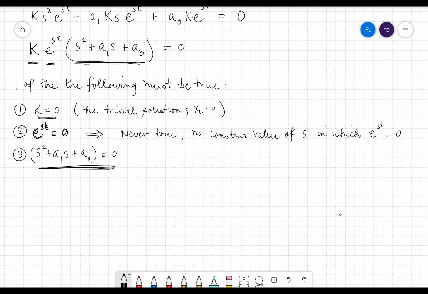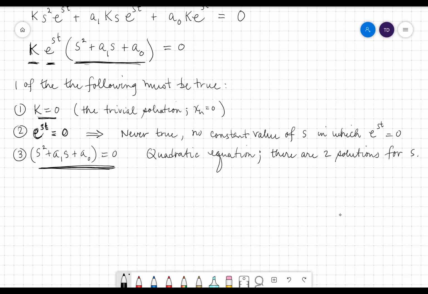And all of you know that this is a quadratic equation. And there are 2 solutions for s. So there's not just one, there are 2 solutions for s. So let's look at that.